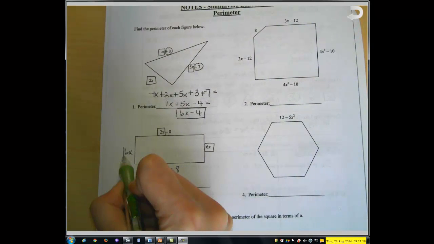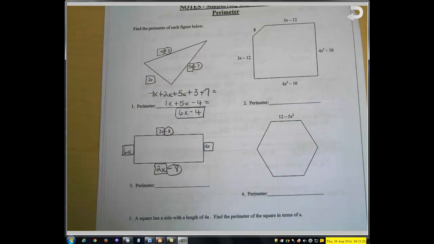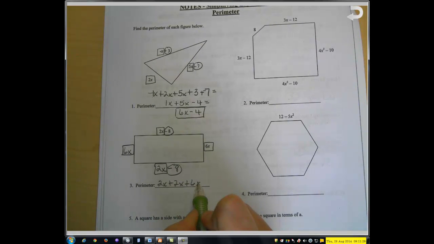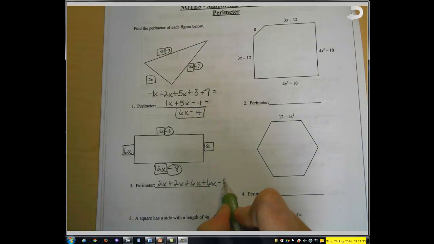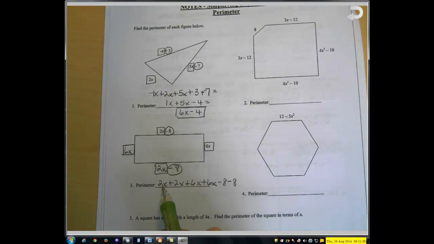Here's our x's. Here's our constants. So we have 2x plus 2x plus 6x plus 6x, just gathering together our x's, minus 8 minus 8. Now let's combine our x's. 2x plus 2x is 4x, plus 6x is 10x, plus 6x is 16x.